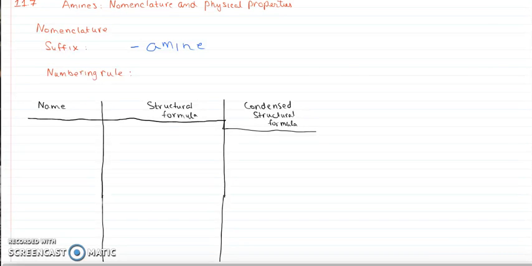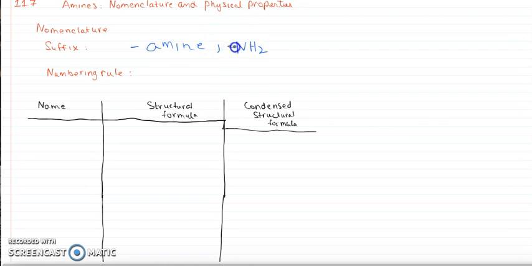Okay, welcome to the fourth installment, I suppose, on functional groups, and we are going to start talking about amines. The suffix for amines is, of course, amine, and the formula that we use is NH2.